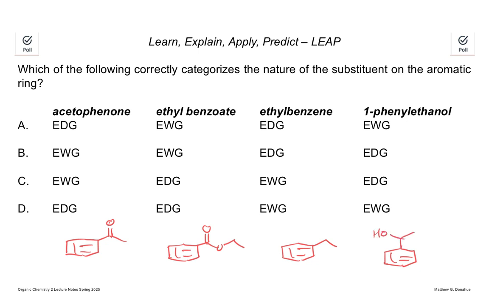And then 1-phenylethanol is another alkyl side chain, but now the benzylic carbon's at a different oxidation state. So EDG is electron donating, EWG is electron withdrawing. They all have the ring in common, and you're asked to determine how the substituent affects the reactivity of the ring.